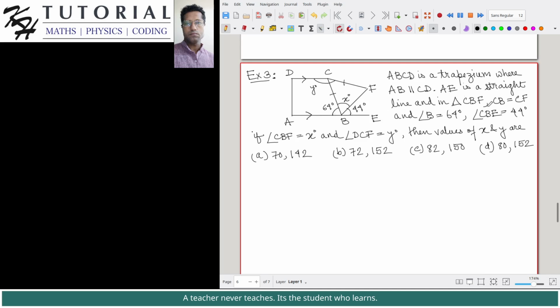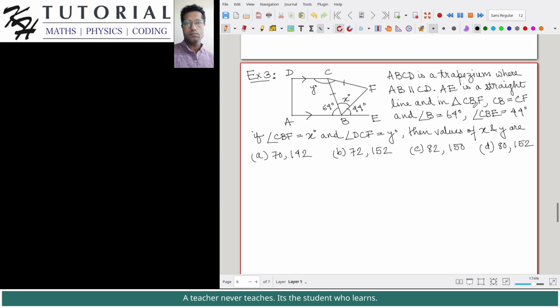And there is a triangle CBF, where CB is equal to CF. So the triangle CBF is an isosceles triangle. Angle B of the trapezium is 64 degree.